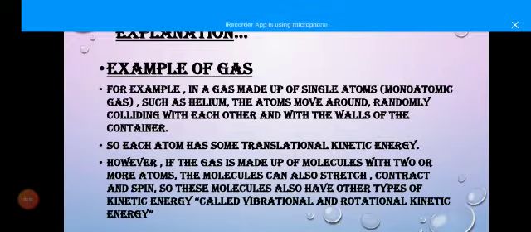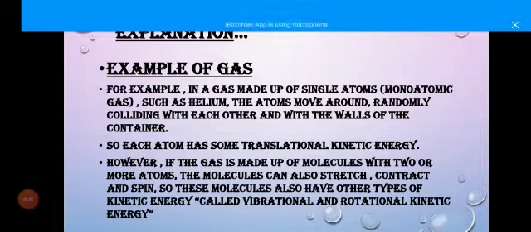For example, in a gas made up of single atoms, a monoatomic gas such as helium, the atoms move around randomly, colliding with each other and with the walls of the container. So each atom has some translational kinetic energy.